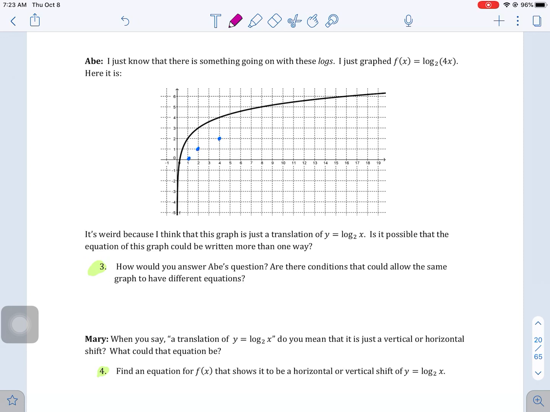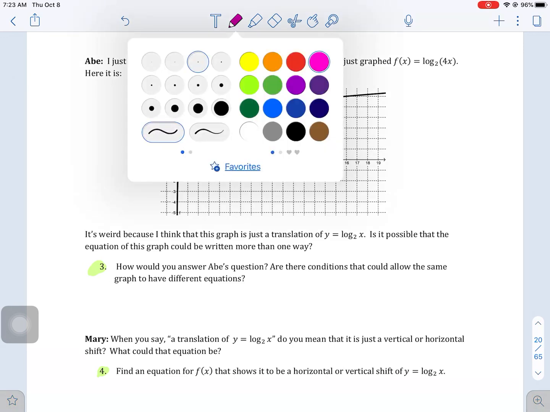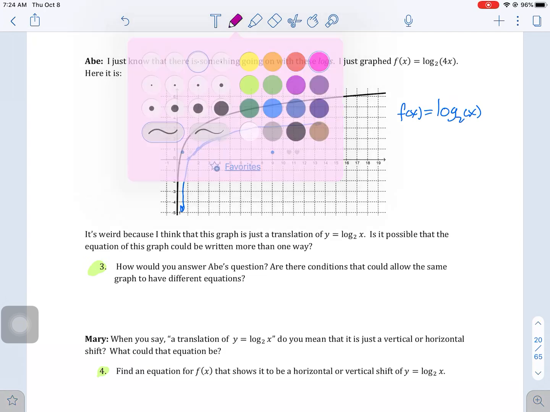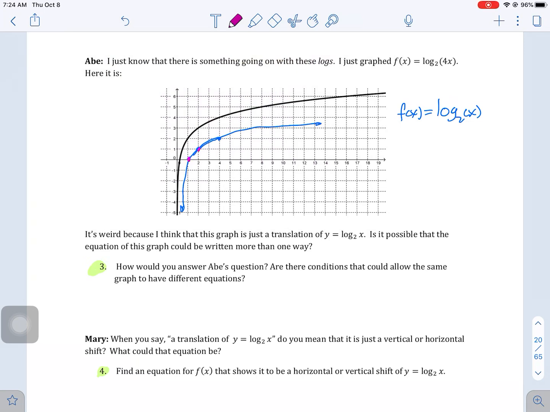And then they look at an example with the graph, and in the graph what you can see is you have the parent function, f of x is equal to log base 2 of x, right? And you can see the points that are on here, and you could graph it something like this. Now, if we take these points, and I always use the same 3 points if I can.